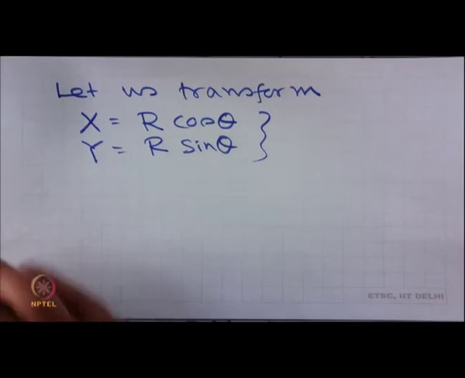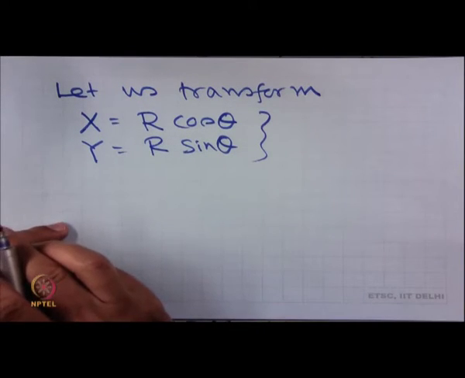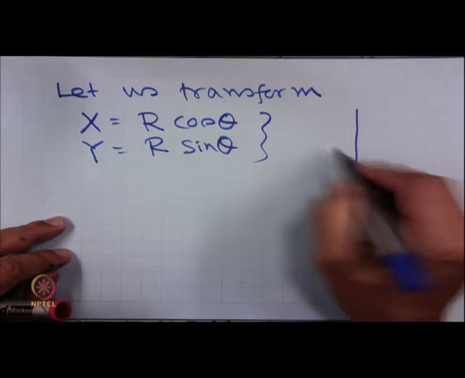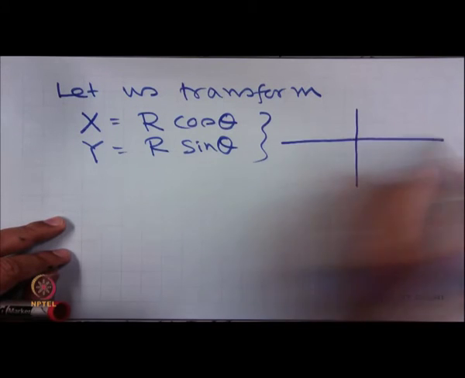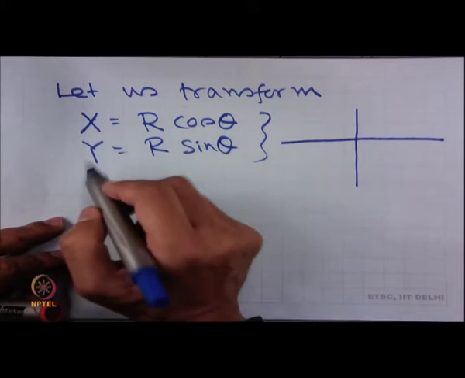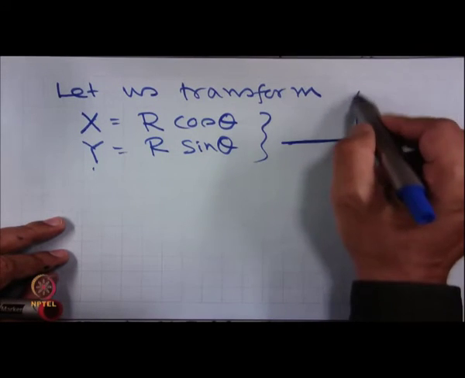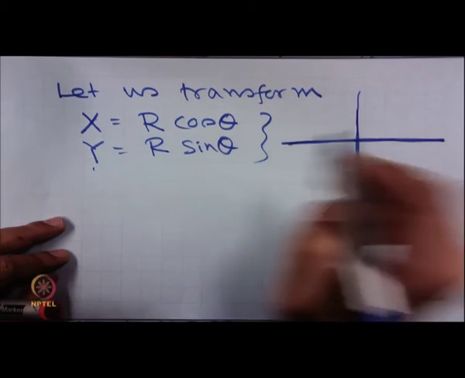So, we transform x is equal to r cos theta, y is equal to r sin theta. Instead of x 1 and x 2, let me call them x and y. Therefore, we are covering the entire 2D plane.